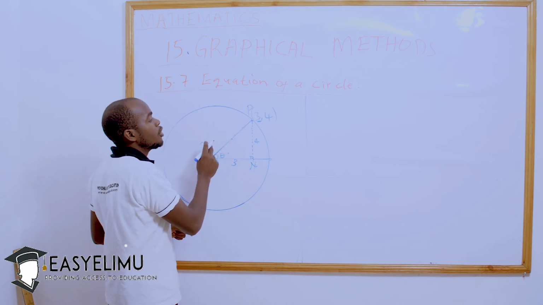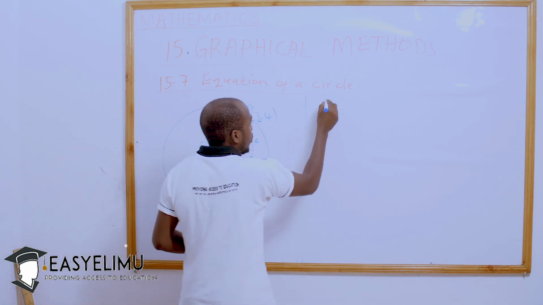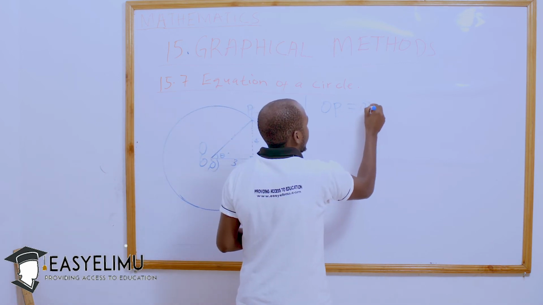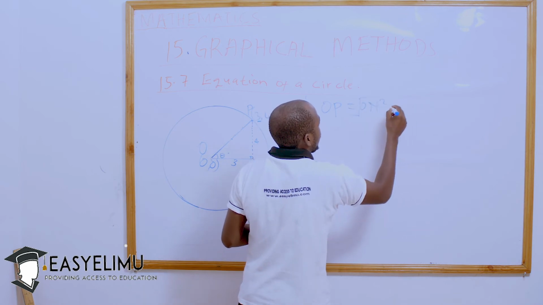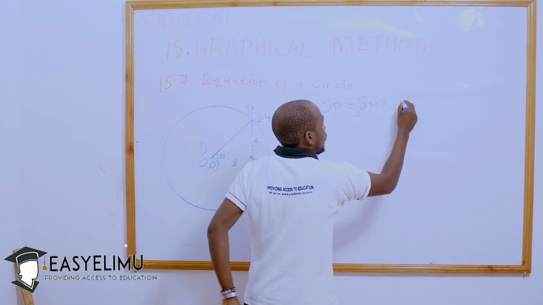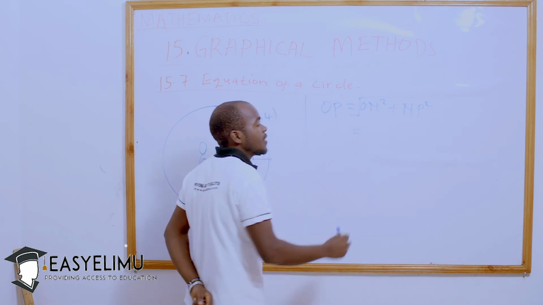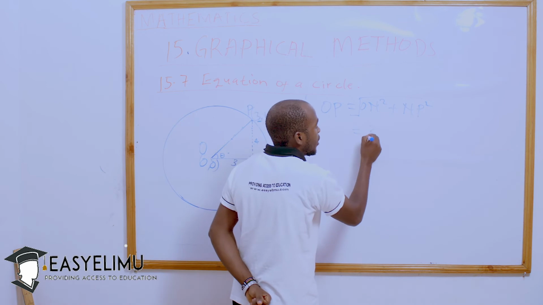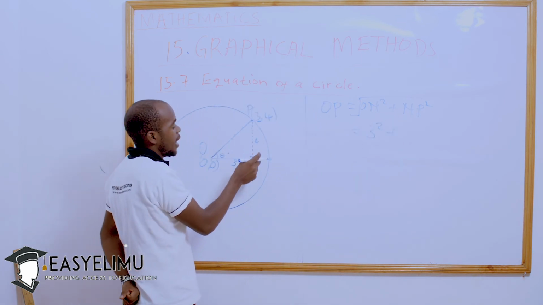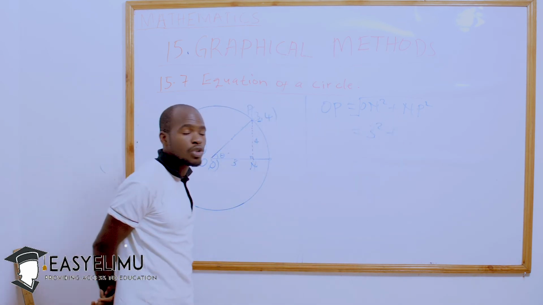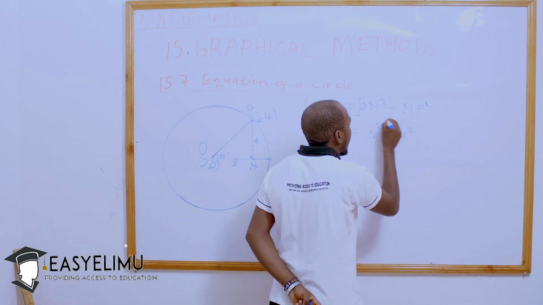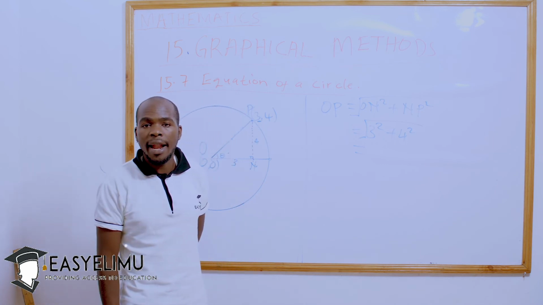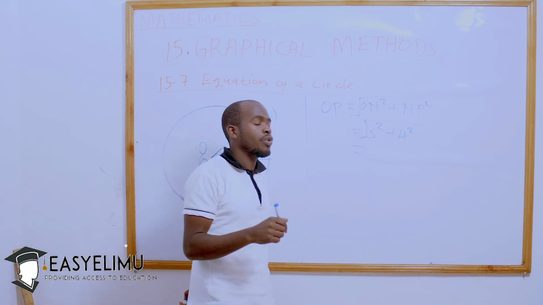If you want to find OP, then OP will be determined by taking the square root of ON squared plus NP squared. If that is the case, ON squared will be 3 squared plus NP, 4 squared, all under the square root sign, and you are going to get 9 plus 16, which is 25.